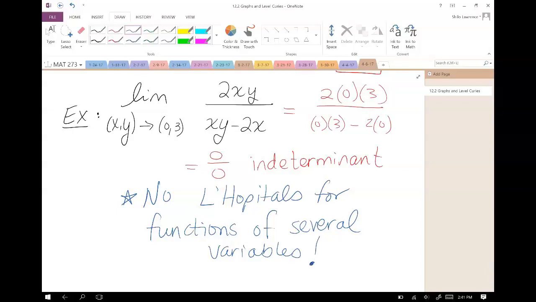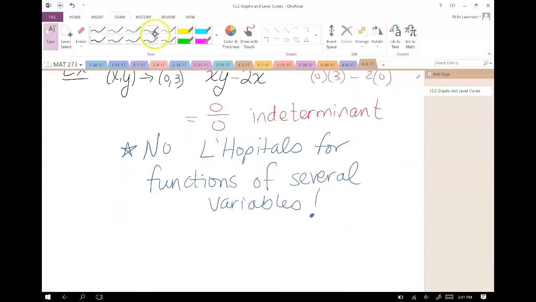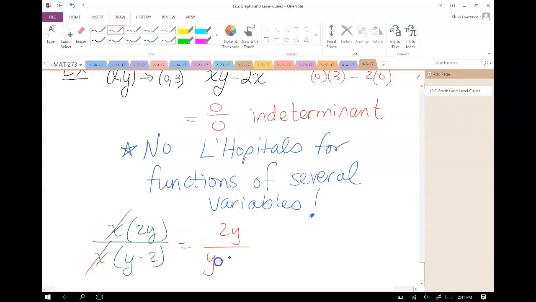So we can pull out an x and cancel it away. So we factor out an x, and then we have a common factor of x in the top and the bottom. And when we pull it out and cancel, we're left with 2y over y minus 2.